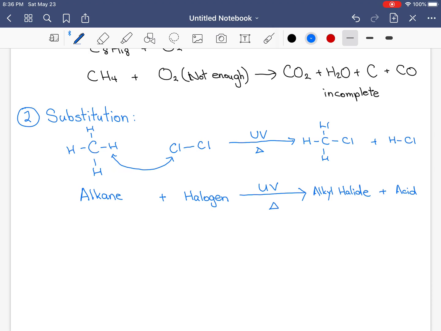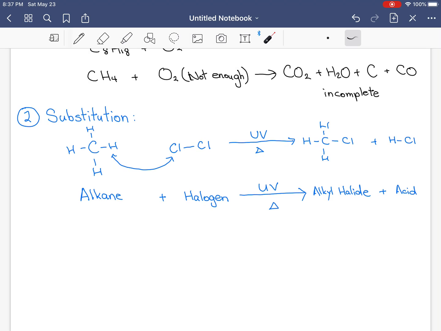It could be a gas, but it's going to be hydrogen, some sort of halogen. So it might not always be an acid. Remember, in order to qualify as an acid, it has to be in an aqueous form. Nobody said that HCl right here is in aqueous form. It could be a gas, so it could be just hydrogen chloride, but let's just call it an acid for now. I hope you get the idea.